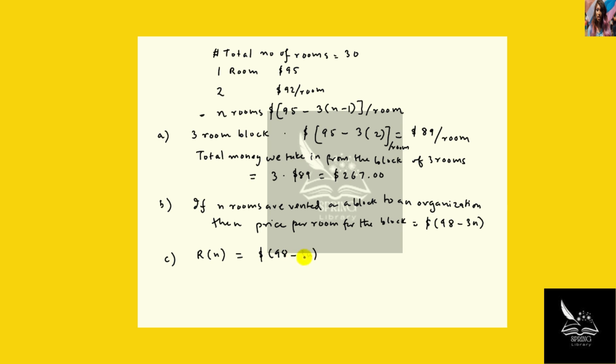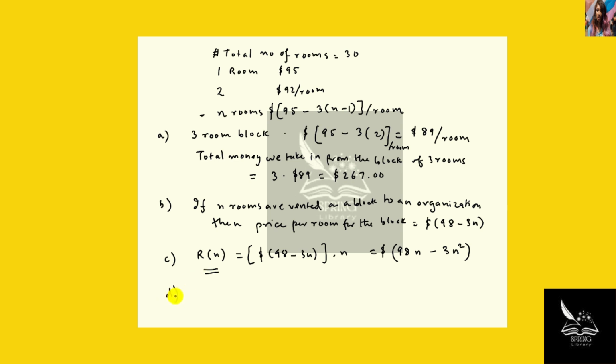This is the price per room for a n room block, but there are n rooms in that block. So the total money that we take in, or the total revenue, is this times n, and it is equal to 98n minus 3n square dollars. So this is the revenue that we get from renting out a n room block.